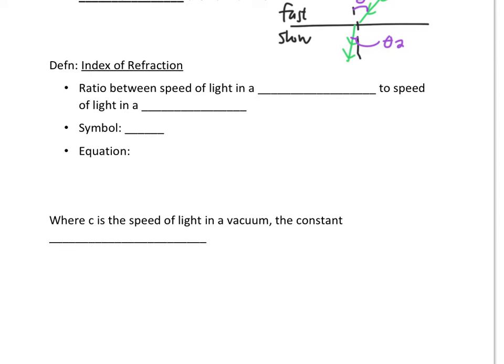Okay, so the index of refraction is a ratio, and it's the ratio between the speed of light in a vacuum to the speed of light in a medium.